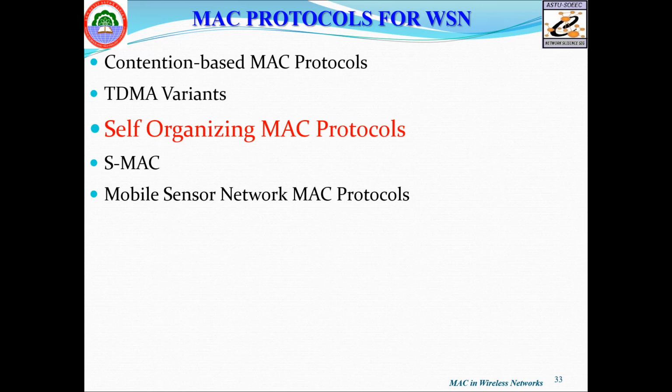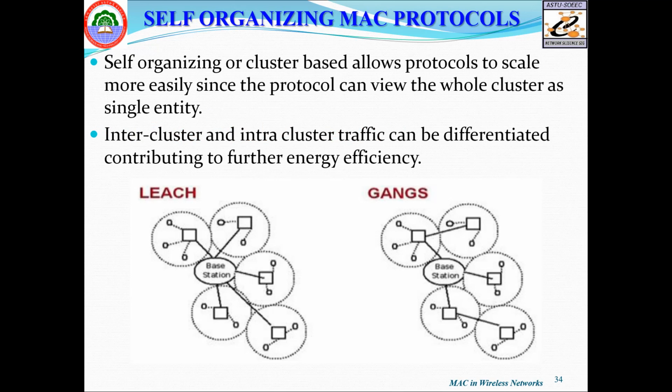The next category of MAC protocol is self-organizing MAC protocols. We discuss two examples. Self-organizing MAC protocols are nothing but protocols where, whatever clusters we have, each cluster is considered as one entity.